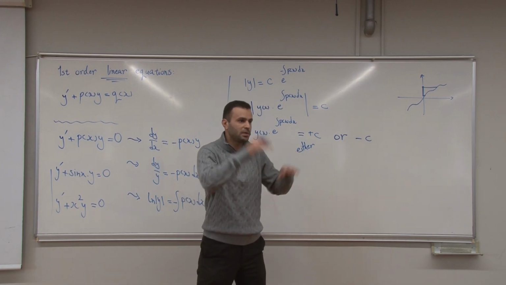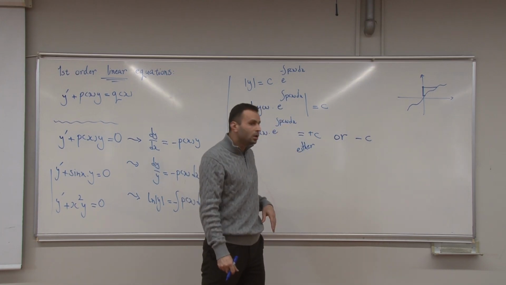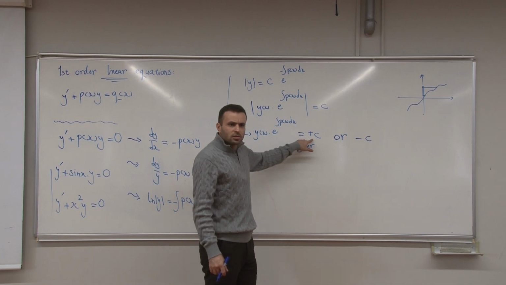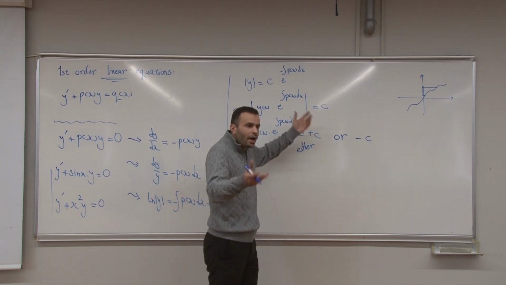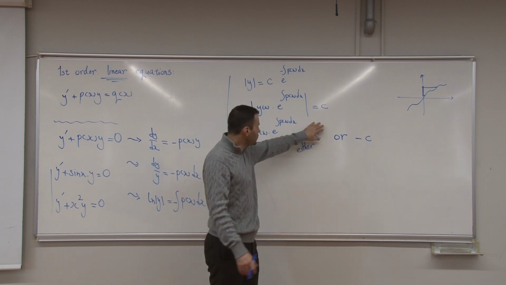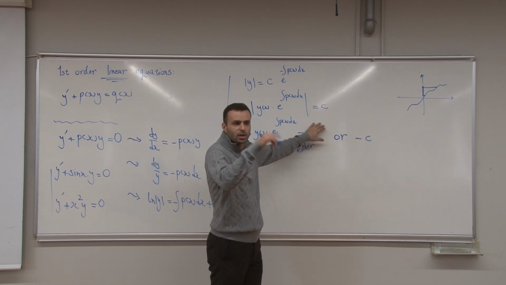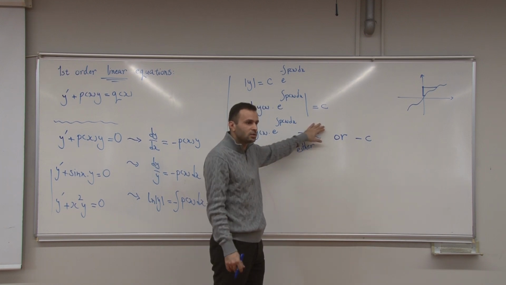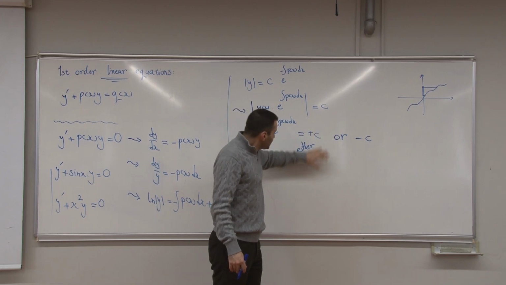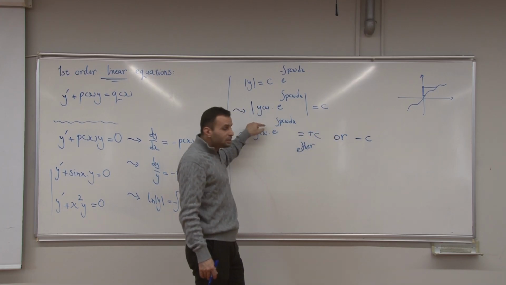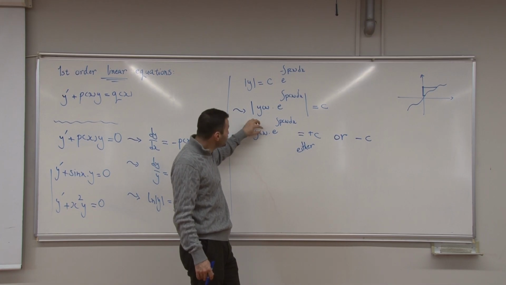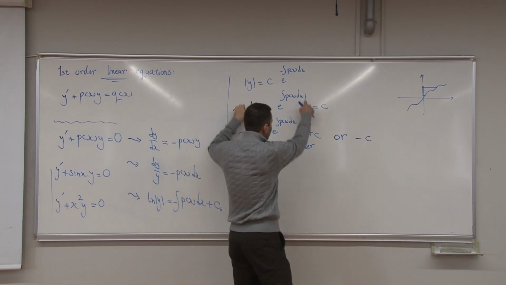You cannot jump between these two. Okay? And this was just a constant, right? So it is either c or minus c, so I can call it another constant. Let's call it c prime, c0, c1 or whatsoever. What is the meaning of this? The meaning is that using the intermediate value theorem, we can get rid of this absolute value.